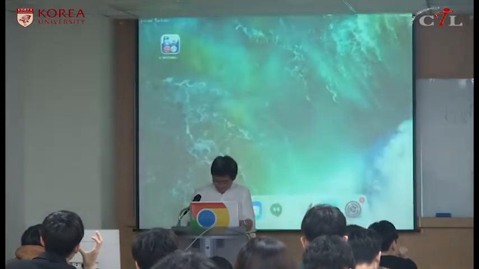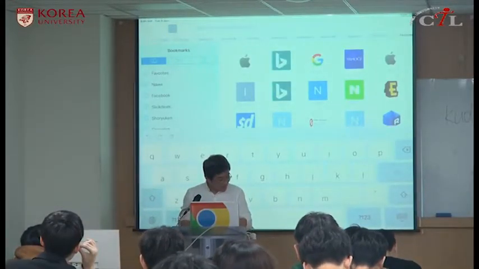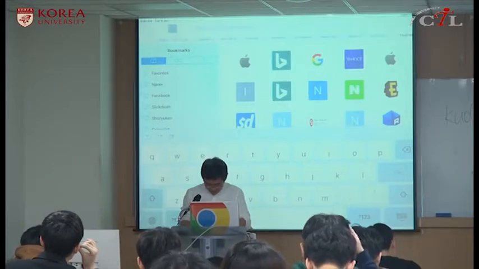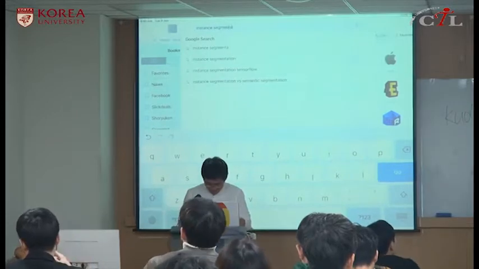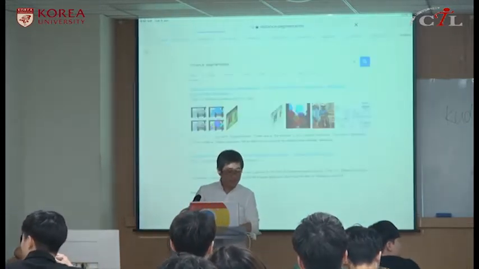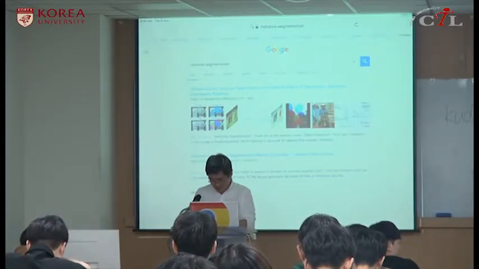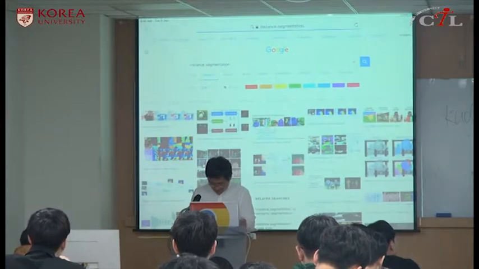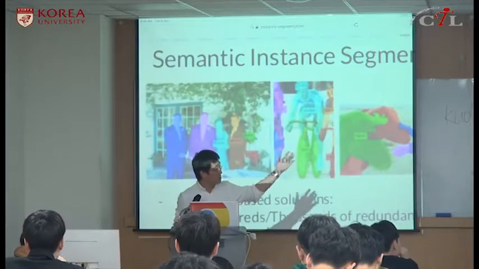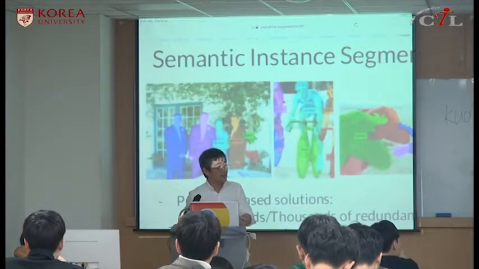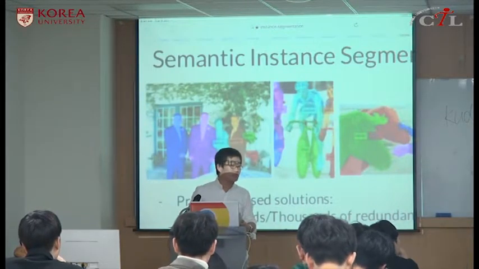Just to make you a little bit interested, there is a task called instance segmentation. Instance segmentation is something like this. Given a particular image, we of course know that a person is included in this image, right?